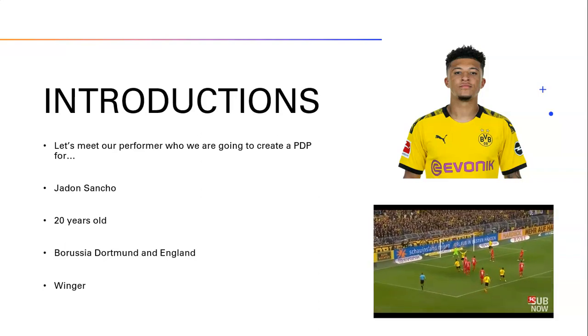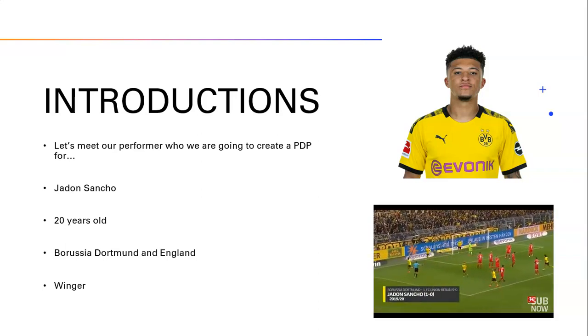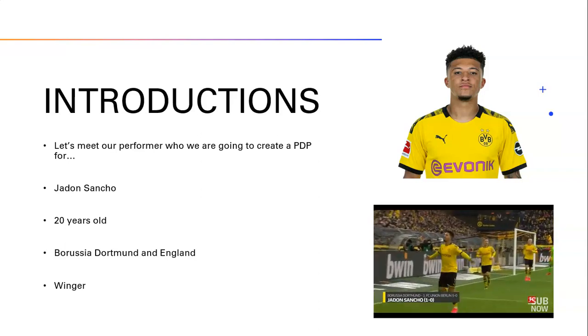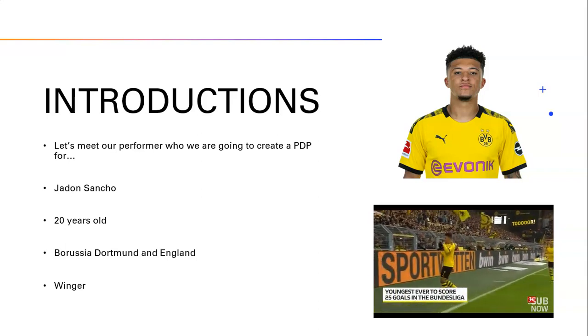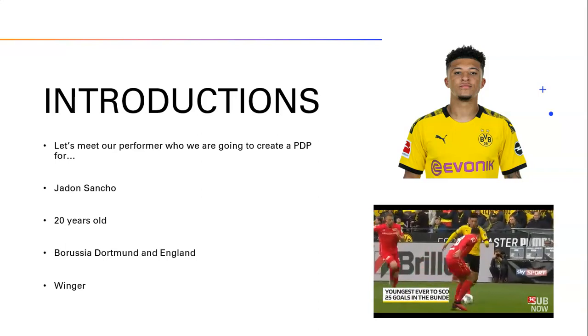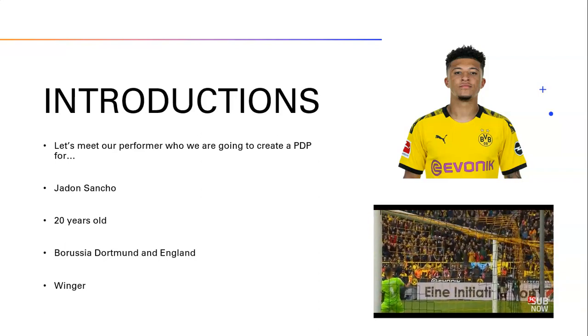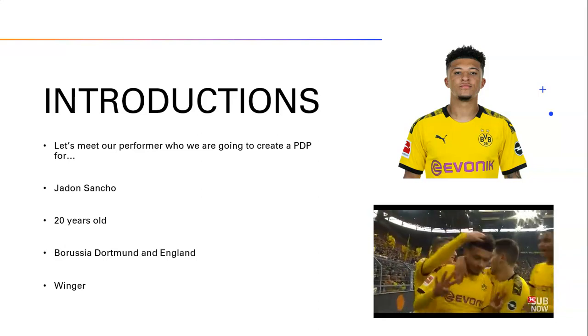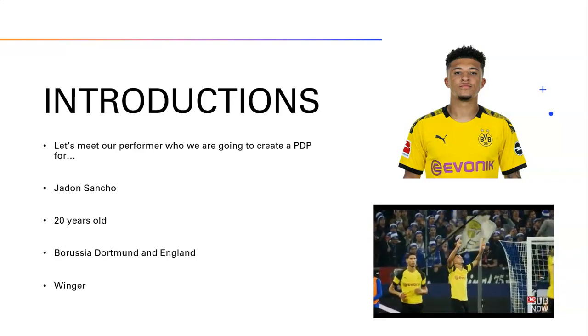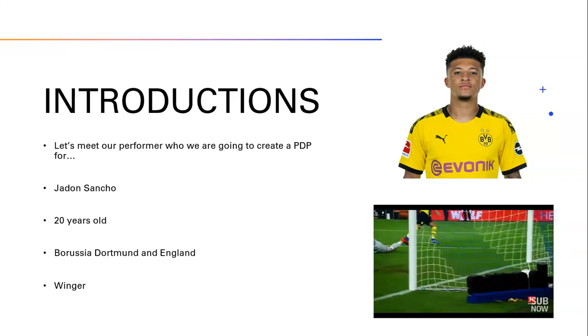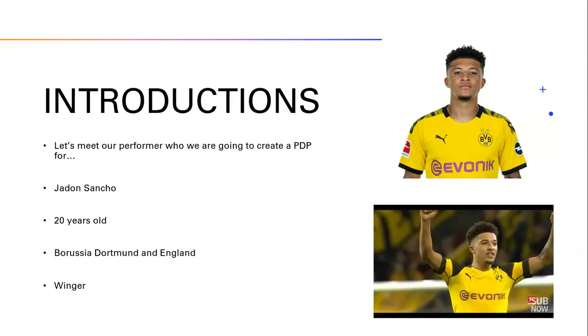Now Sancho gets the shot away, deflection, goal! Jadon Sancho becomes the first under-19 to score 25 Bundesliga goals. Jadon Sancho, the wonder kid from England, not just any old player, but one of the greatest prospects in the Bundesliga. What impresses you the most about Jadon Sancho? Let us know in the comments.